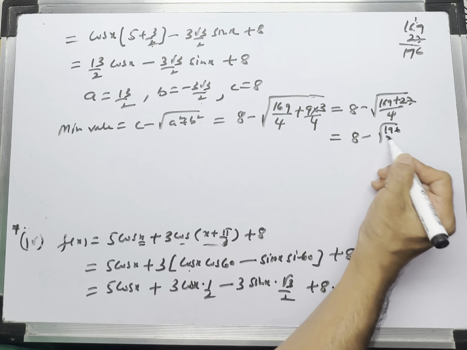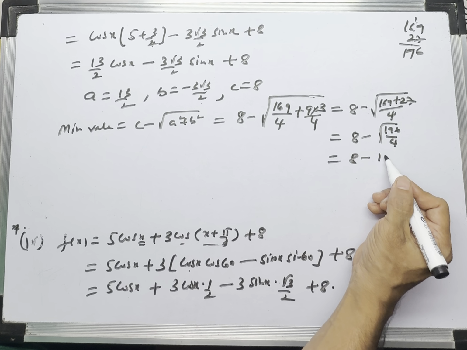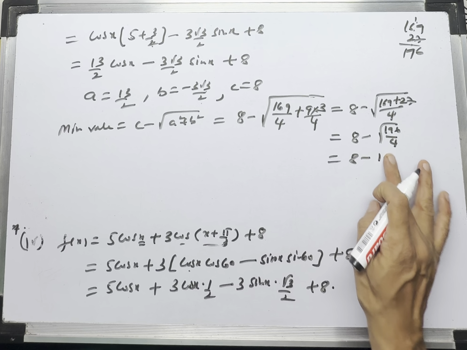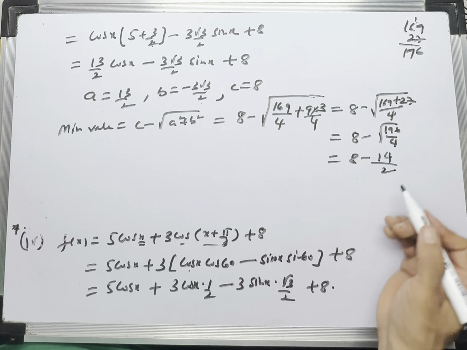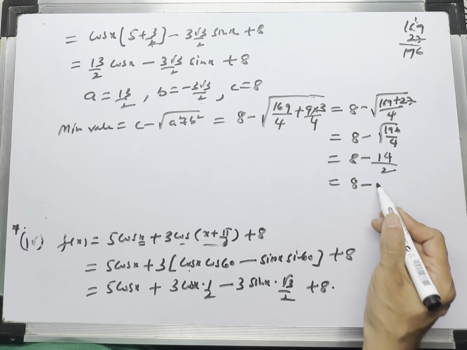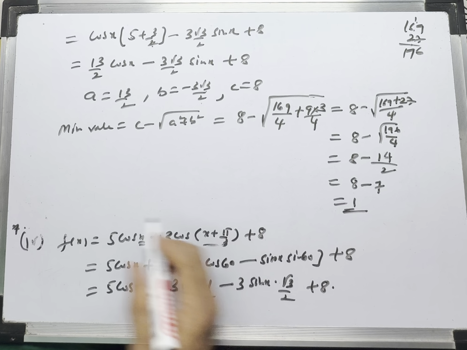Root 196 divided by 4. 8 minus square root of 196 is 14, divided by 4 square root is 2. 14 by 2 is 7. So we have 8 minus 7, 1 as the minimum value.